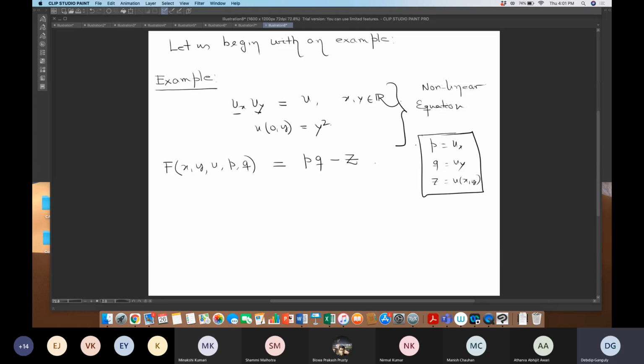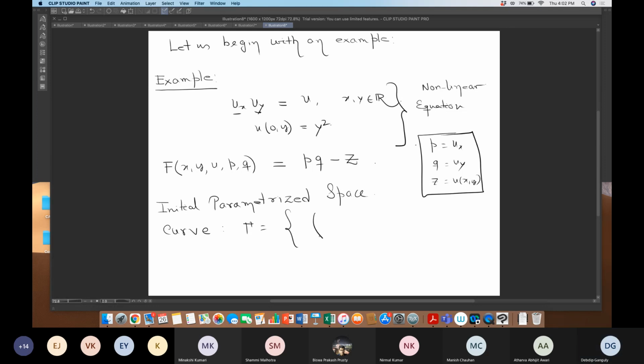Excellent. Now you take the initial parameterized space curve. What should the parameterized space curve gamma be?